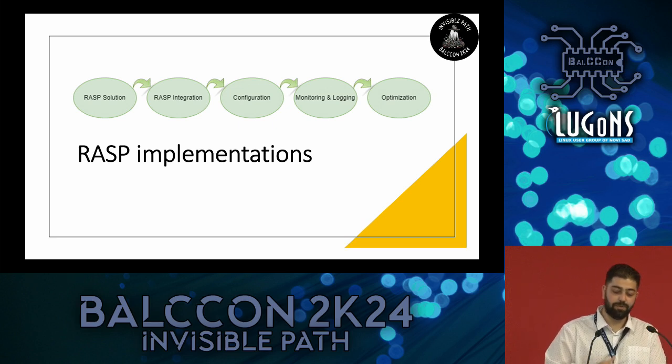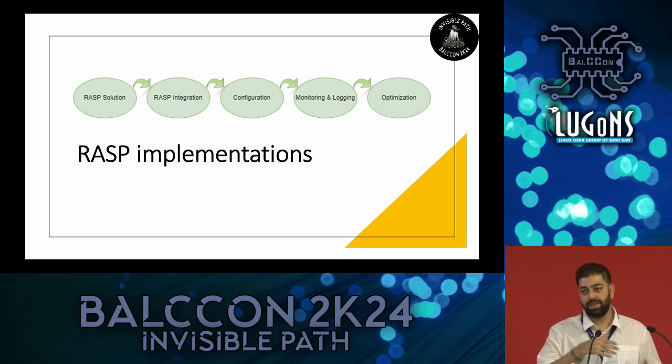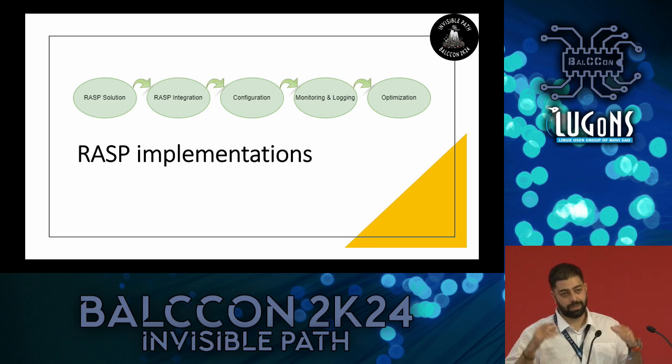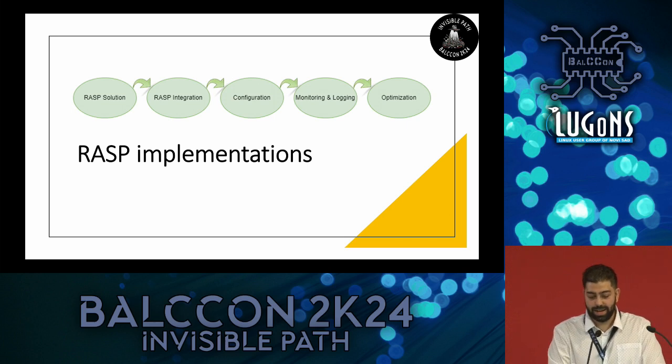And then I went through the integration. I was thinking about how I could deploy and integrate this new tooling within my current deployment, and also about configuring the RASP and embedding it inside the application without any headaches.